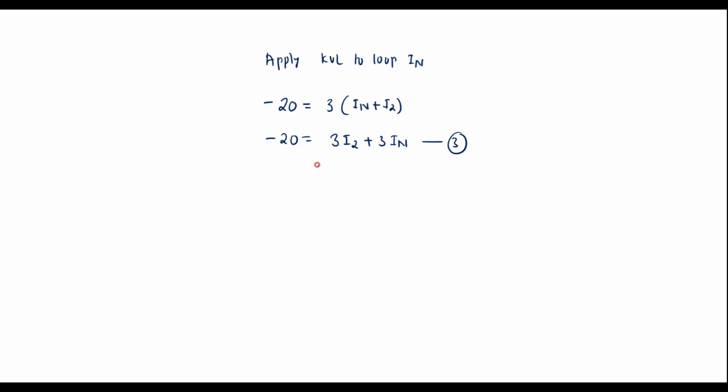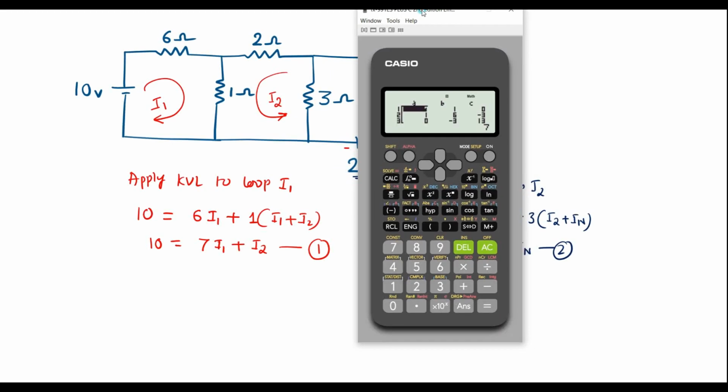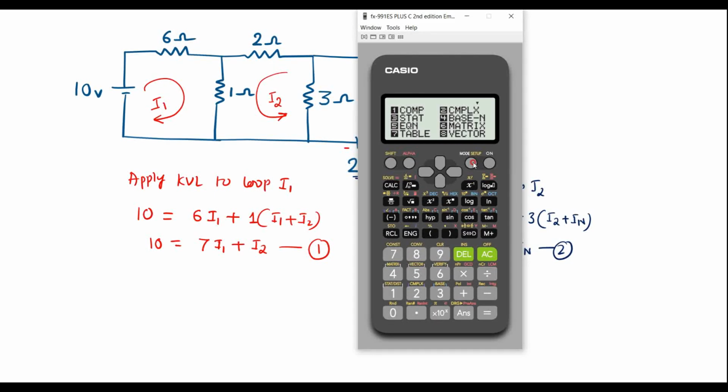Now let me solve equations 1, 2 and 3. So let me use the calculator. Go to the mode, and in mode choose equation mode, that is 5. Here we have 3 unknowns, so choose 2.